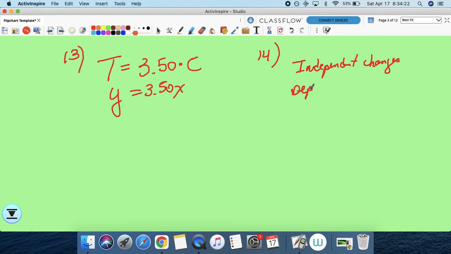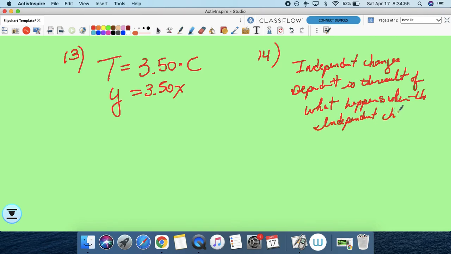And the dependent is the result of what happens when the independent changes. As a result, what happens when the independent changes.